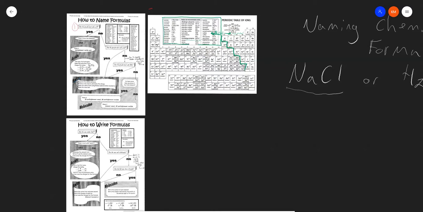Don't worry about that. Let's do something else. Let's do CO3. So again, we start here, step 1. Question is, does it start with H? No. So then we go here. Does it start with a metal? Well, carbon is right here on my periodic table, element number 6.